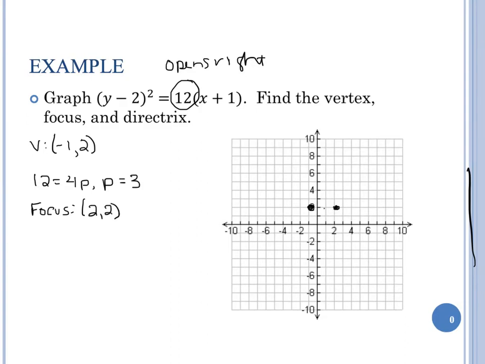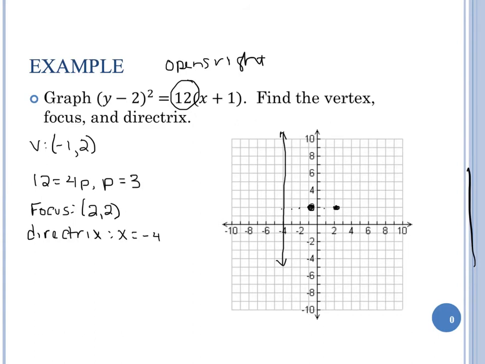And then my directrix is now a vertical line that's behind my vertex 3 units. So that looks like the line x equals -4.